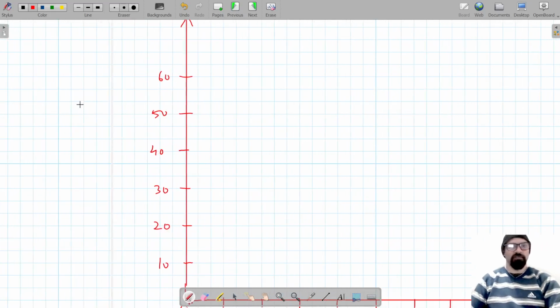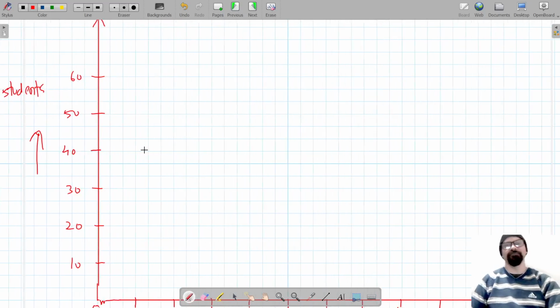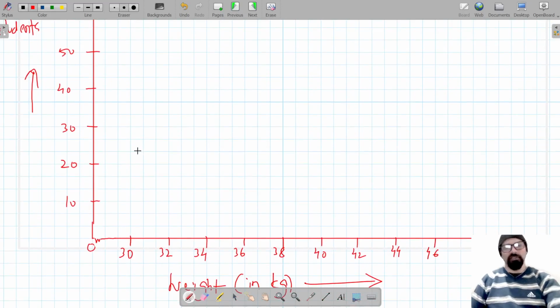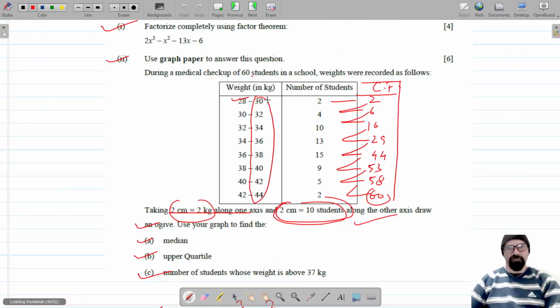And this is the number of students. Now let's plot the ogive. For that, this is the weight.